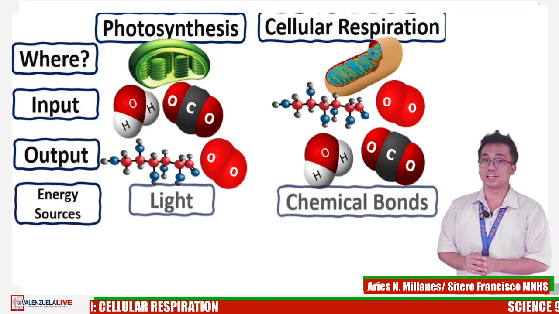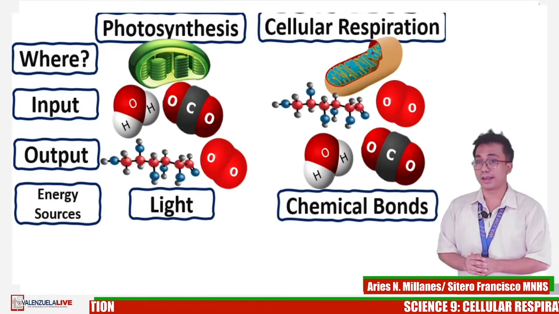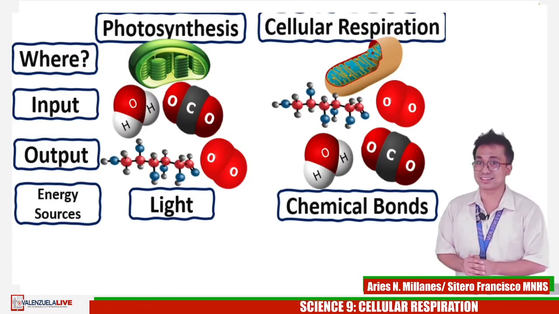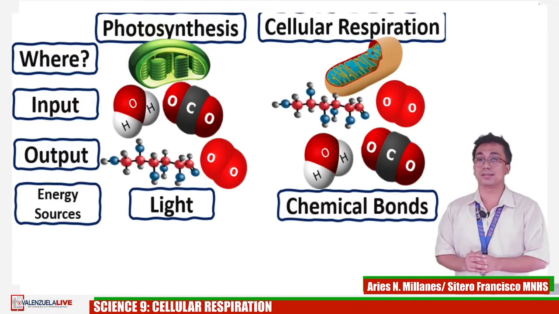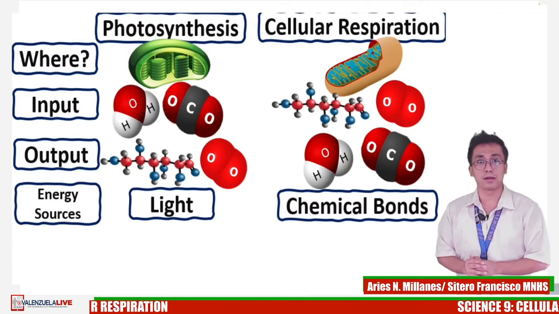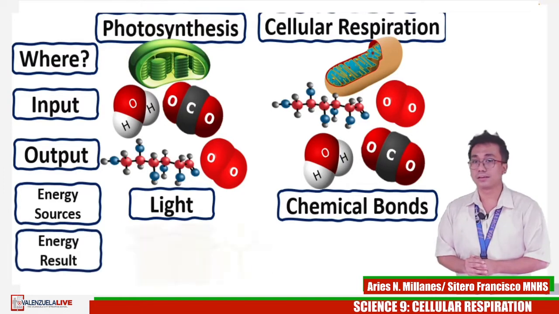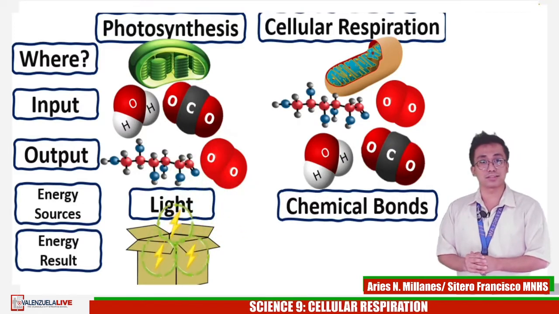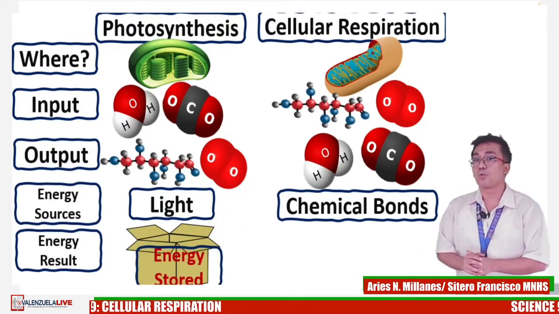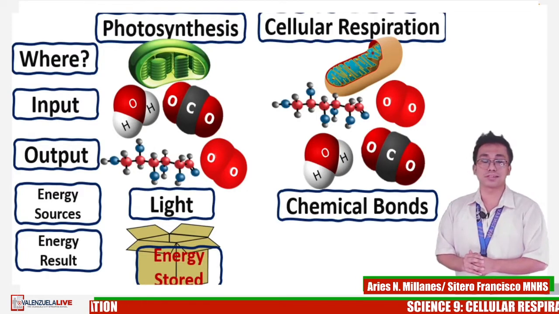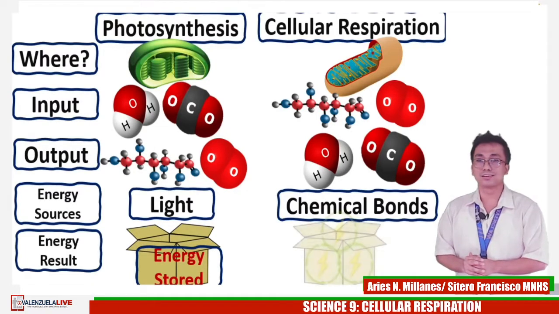How about the energy sources? The energy source of photosynthesis is sunlight, while for cellular respiration, it is from chemical bonding. Energy from photosynthesis will be stored for future use, while energy from cellular respiration will be released.